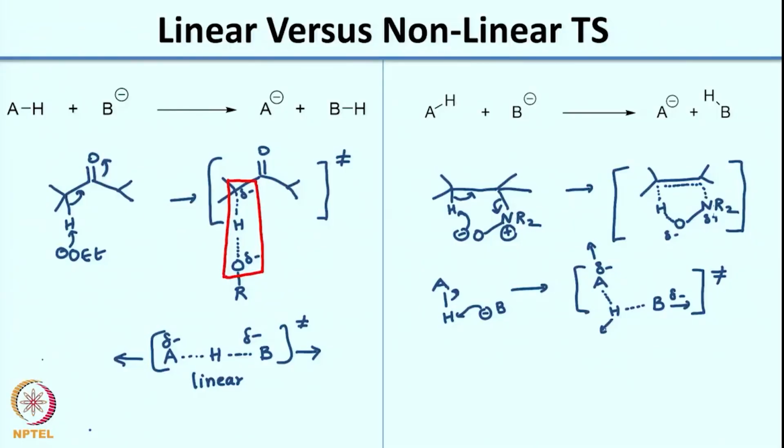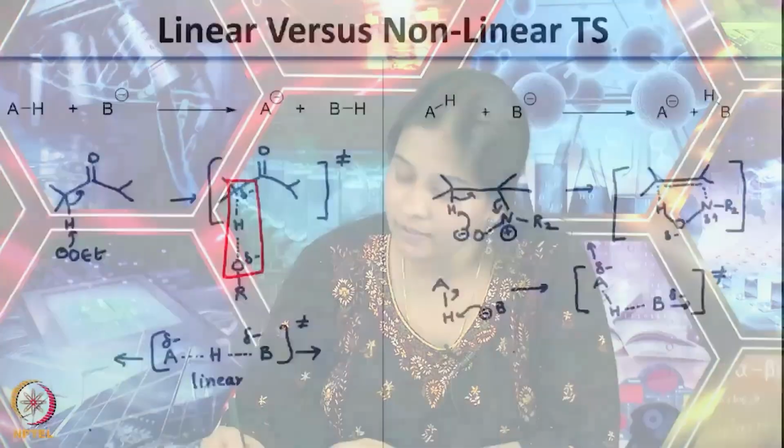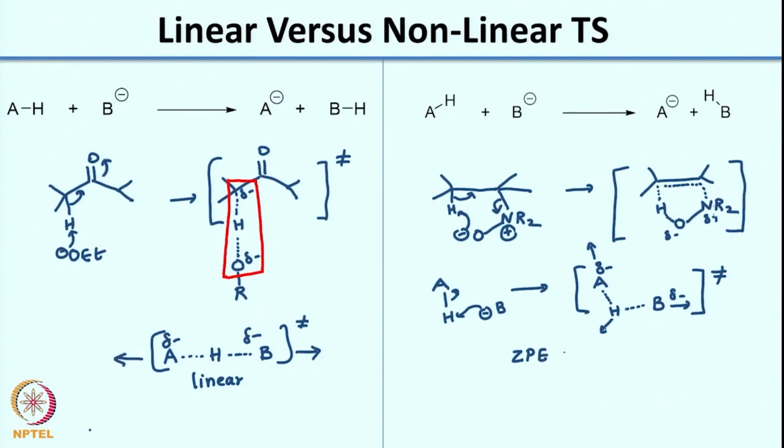So what you see in your transition state would be that instead of the other case, remember I told you elephant or man both are being pulled on the opposite sides. So it does not matter what the mass is in the center, you have equal forces on both sides. But in this case, because you have a non-linear transition state, you would get a 0 point energy difference, which is large.